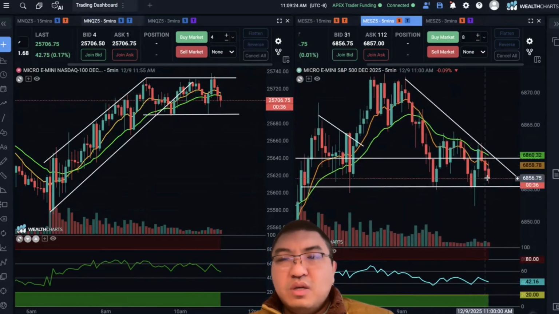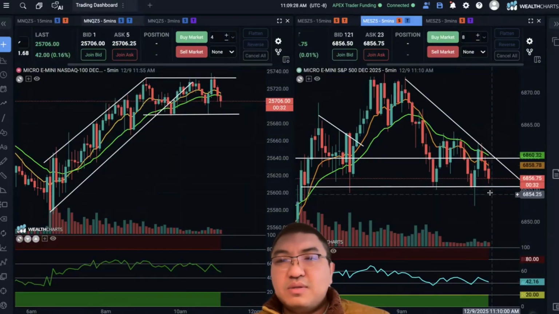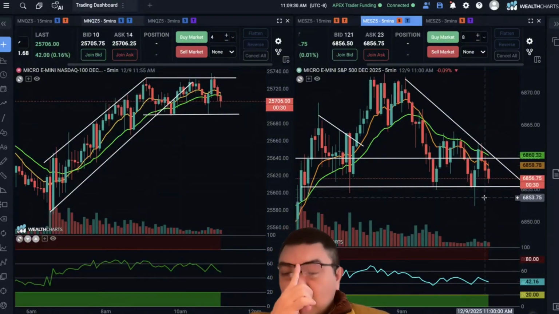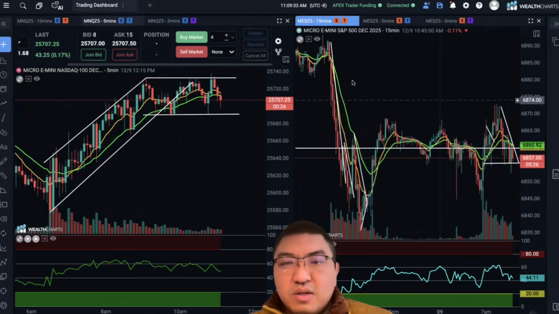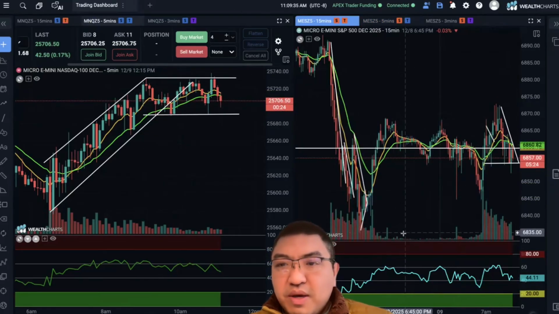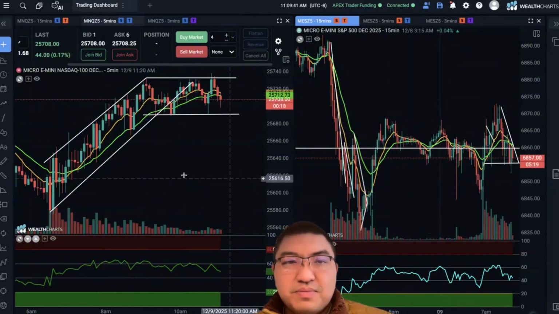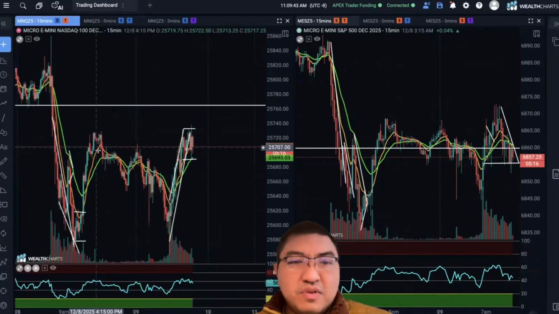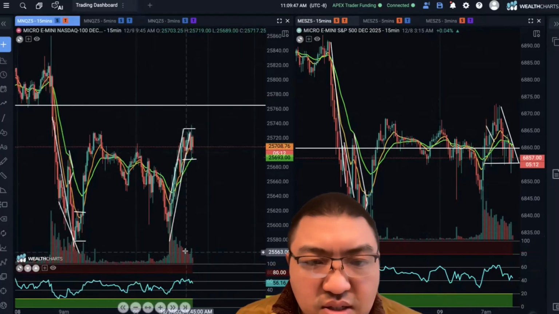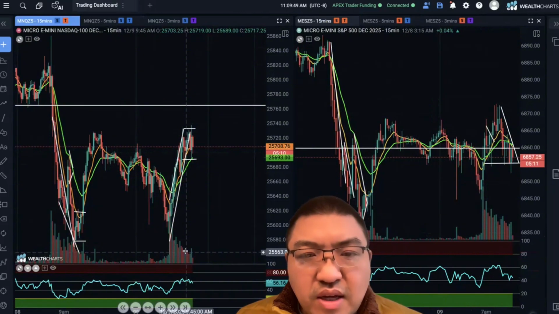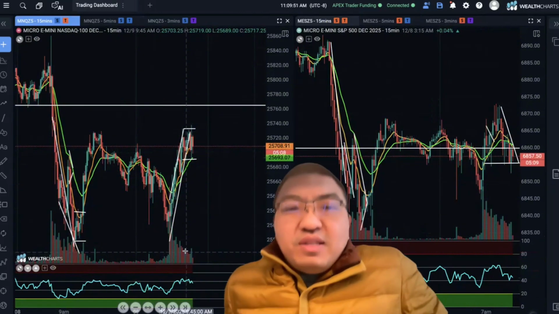Okay, we'll see if we can break and close underneath this line to confirm the downtrend. No hurry. We have so much space for the downside. Same thing for NQ. Oh, NQ, we have even more space, something like here, 150 points, big enough.